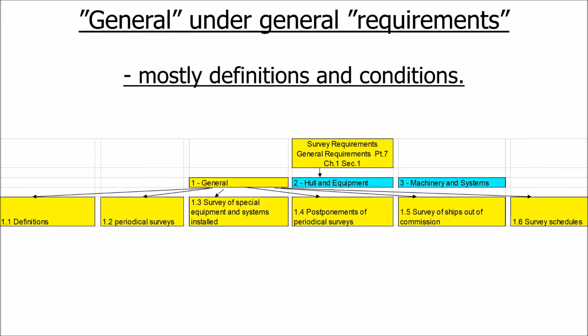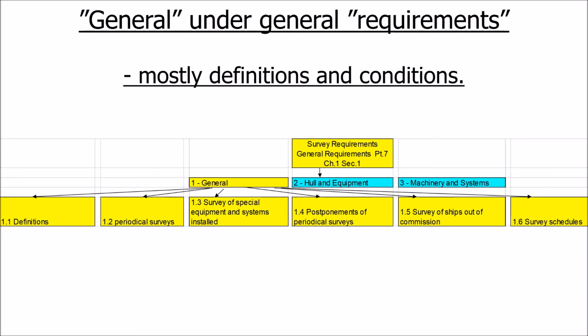If we're in the middle of the ocean and I cannot make it to port in time for the survey, how to postpone is described in quite a short paragraph here. And also we see 1.5, surveys of ships out of commission. Say your ship is laid up for 2 years, and you don't want to lose the class because that is a disaster. So you have to do something to keep the ship in class, but with very few surveys.